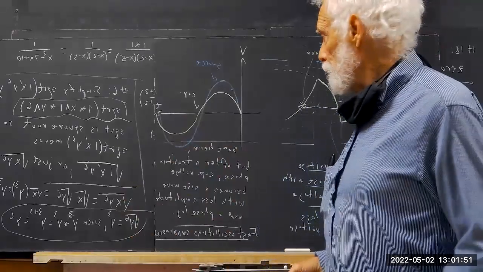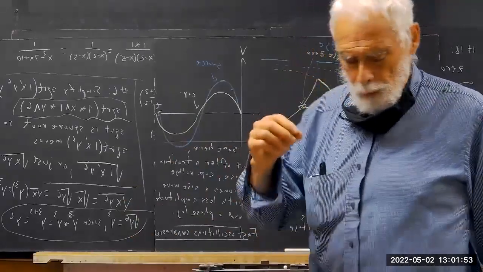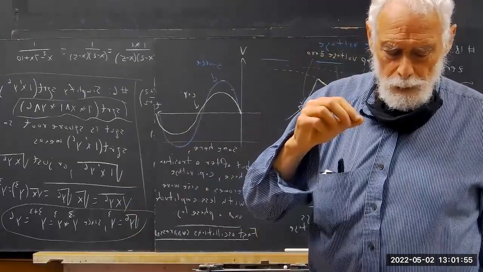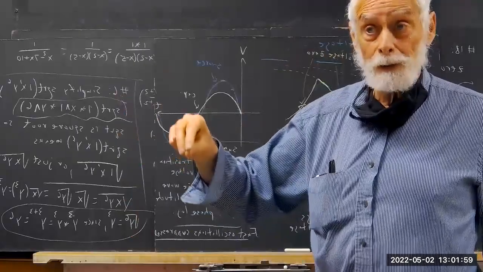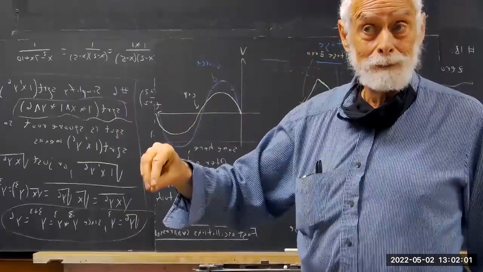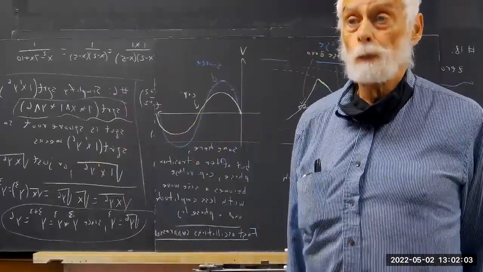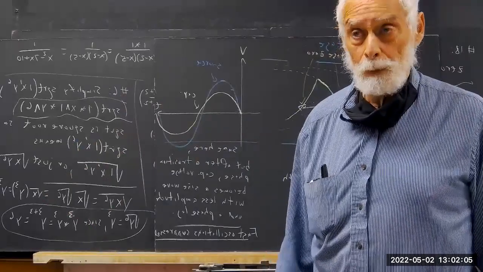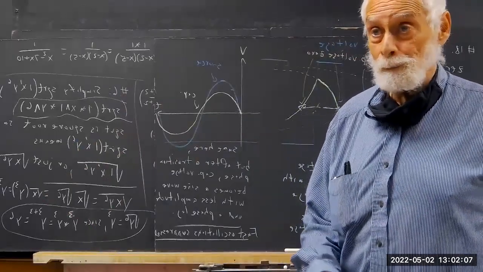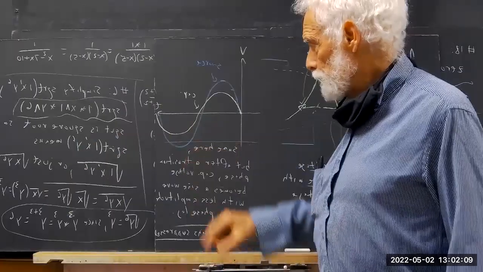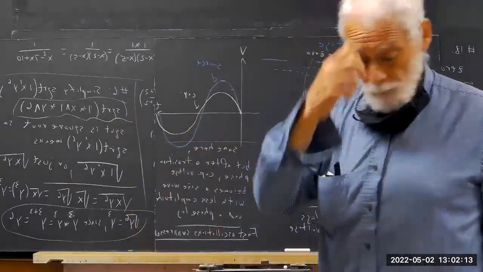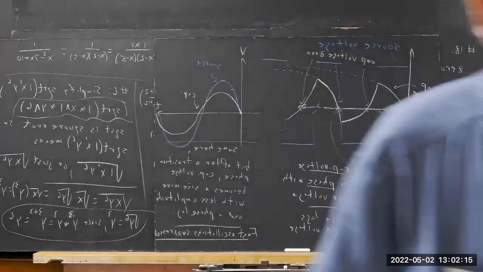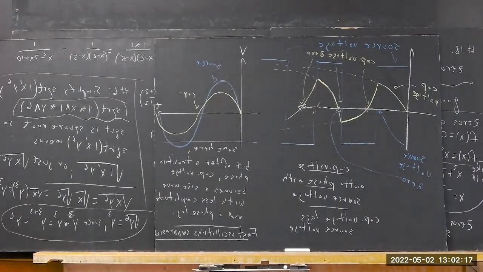So by matching the inductance L with the capacitance C, we can achieve any natural frequency we want. Okay, we will look at the mathematics of that. But what we really want to look at is reactance because we've kind of done the mathematics of that. So I'm going to do that kind of quickly. Okay, well, let's go ahead and do that mathematics just to make sure we have the idea of resonance.